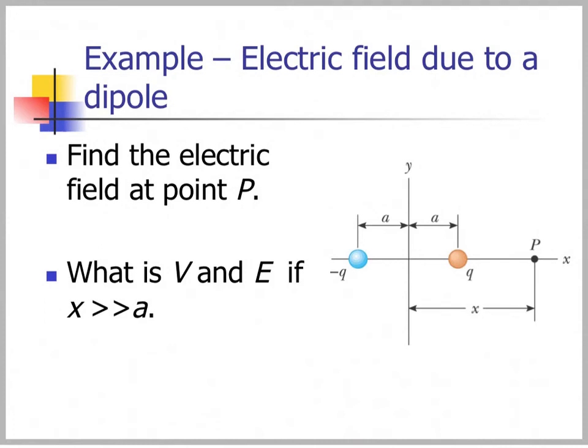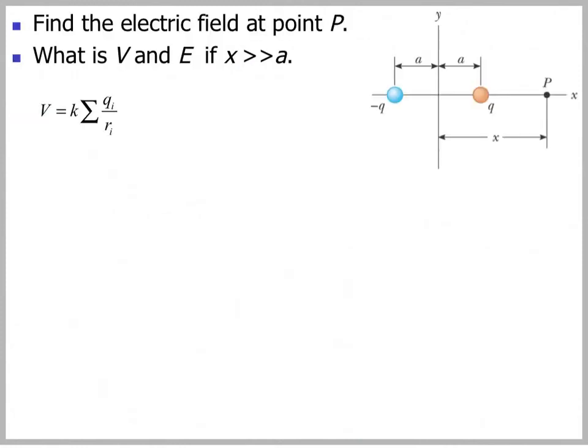So let's consider this problem of a field due to a dipole. We want to find the electric field at point P, where point P is on the axis that I have my charges on. What is V and the electric field if x is much bigger than a? Well, we start with the idea that potential is K times the sum of the Q over r's. So in this case, it's K times positive Q over x minus a.